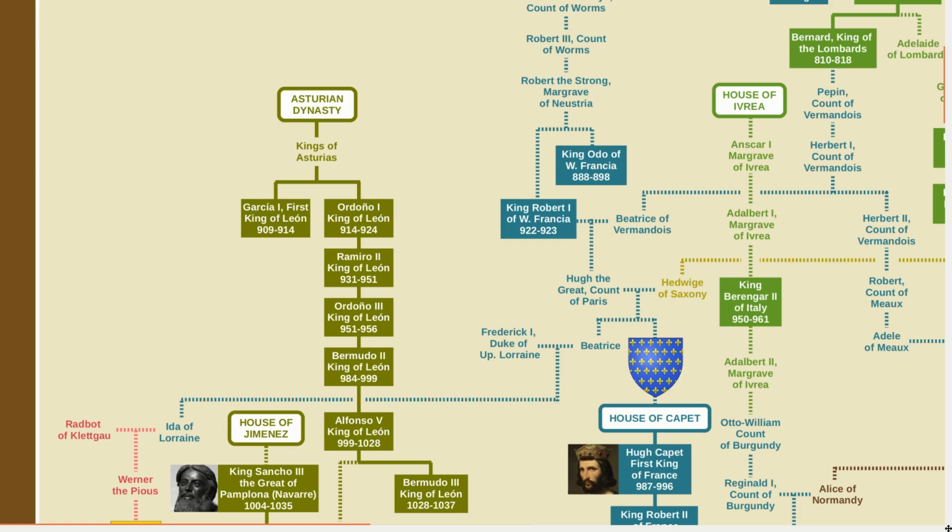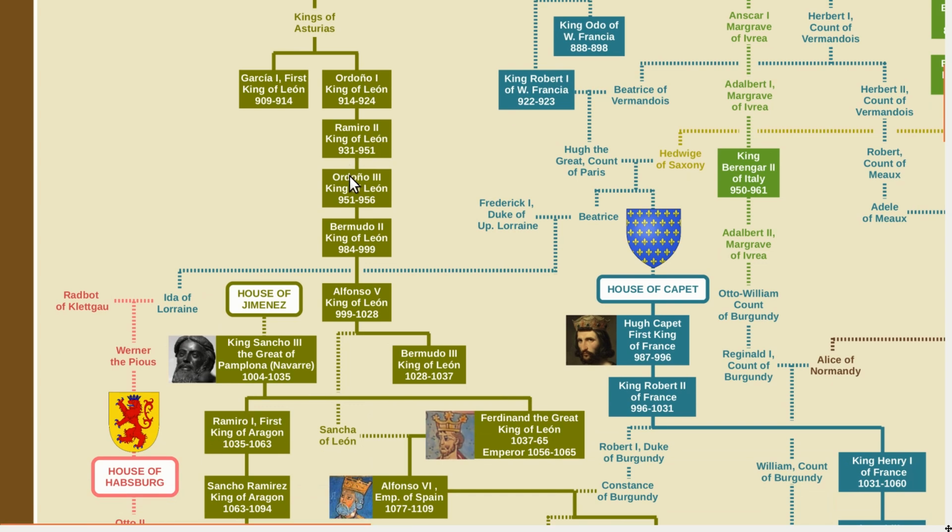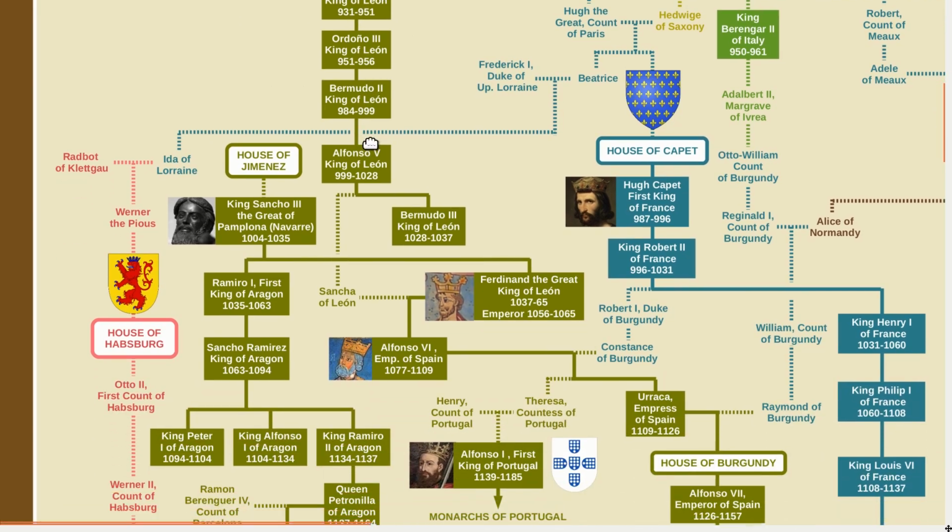And today, the heir to the Spanish throne is still called the Prince of Asturias or the Princess of Asturias, kind of like the Prince of Wales in the United Kingdom. So we can see here we get the earliest kings of Leon, and there's a couple others here that aren't shown, but I wanted to show the direct line that then leads to the future kings of Spain.